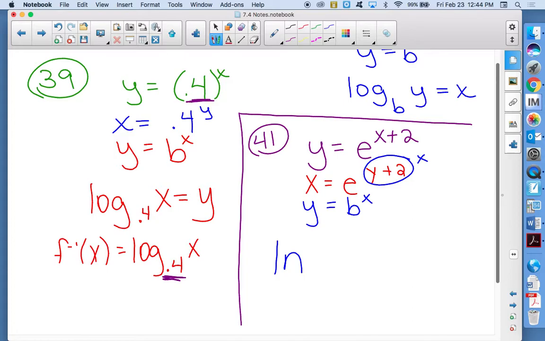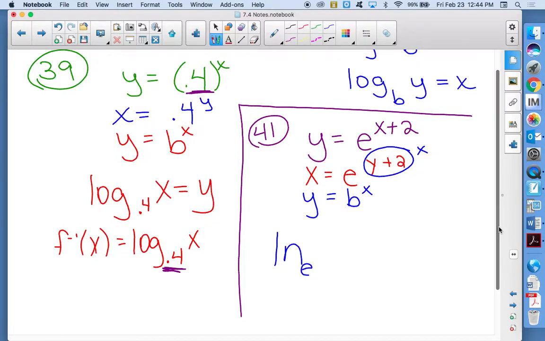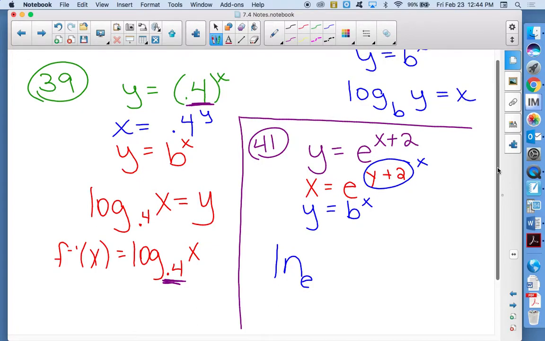So instead of using log, we're using ln. My base, here's the base. You can put the base, you don't have to. Anytime you use ln, it's assumed or implied that that e is there. And then we have y equals b to the x, here's y equals b to the x.